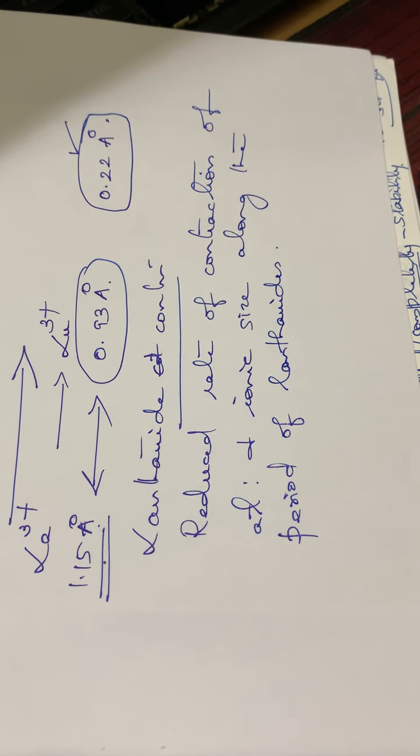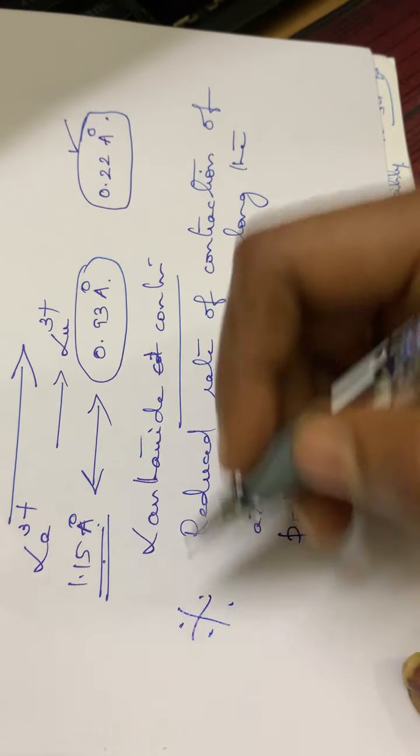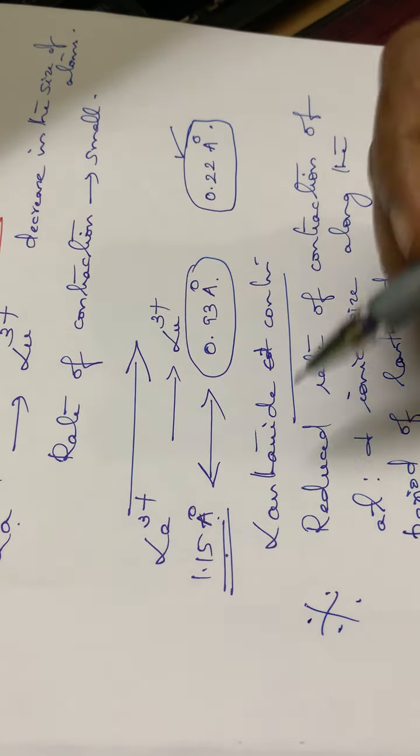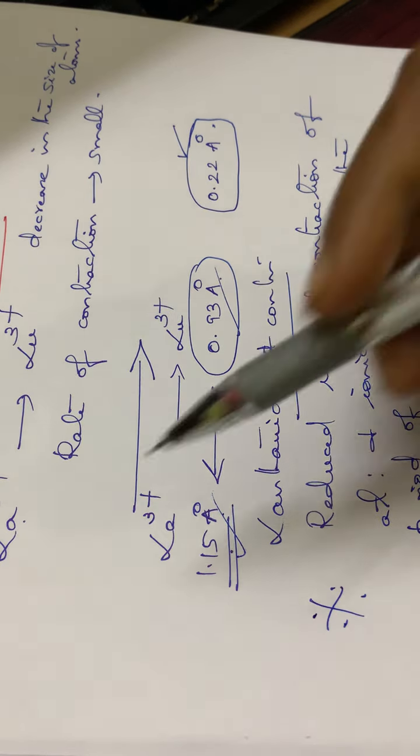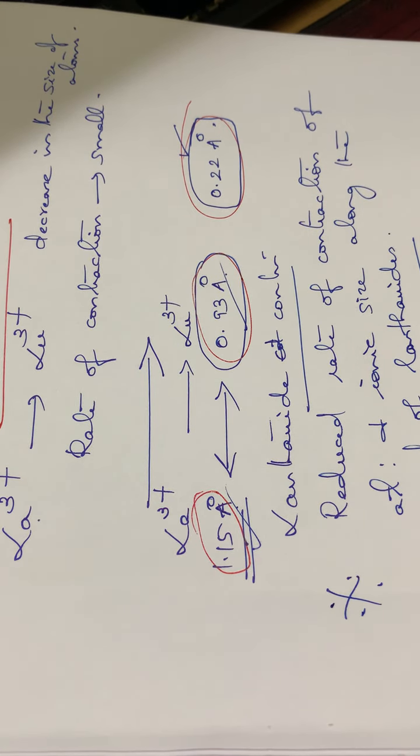This is a very important definition, and you have to study this definition and also these three values. It is also very, very important: 1.15, 0.93 and 0.22 angstrom.